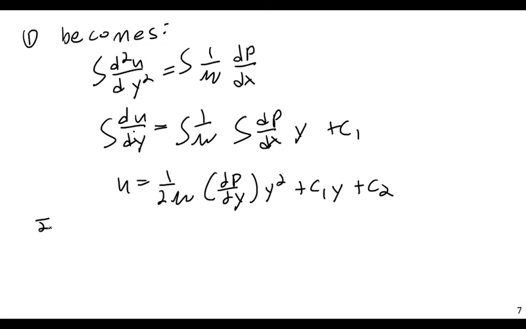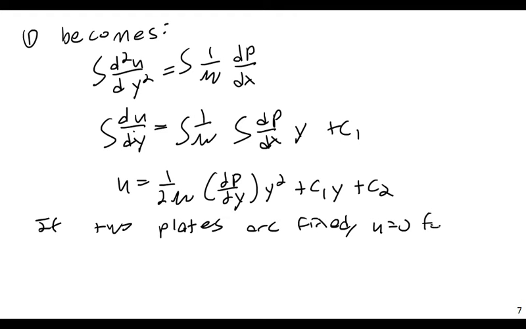And if the two plates are fixed, u equals 0 whenever y is equal to plus or minus h. So we know at the surface of the fluid, or the surface of the plate, the fluid velocity has to be 0. So I can use that as a boundary condition.